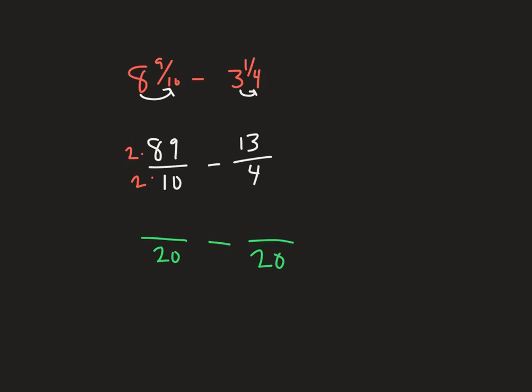So 89 times 2 should be, what, 188? Sorry, brain malfunction, 178 there.